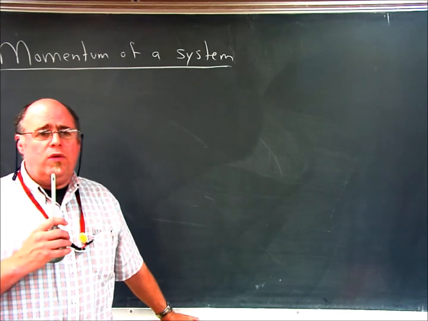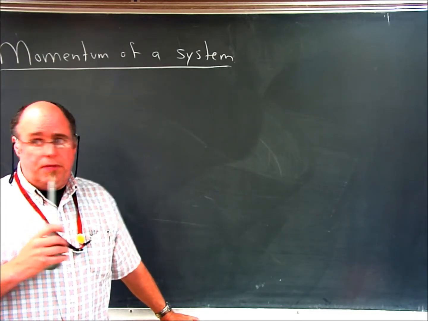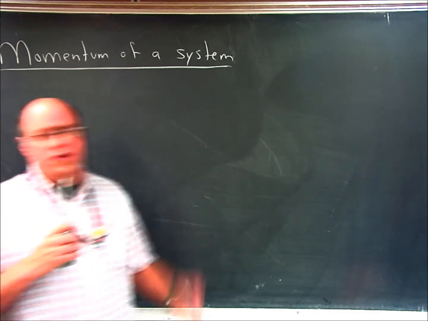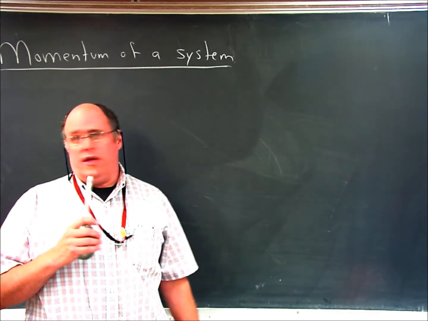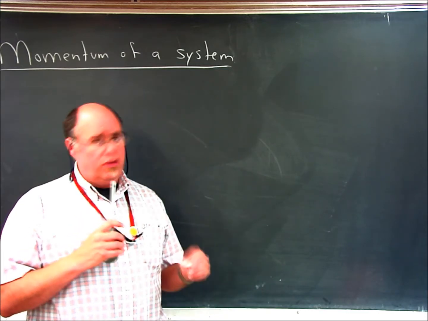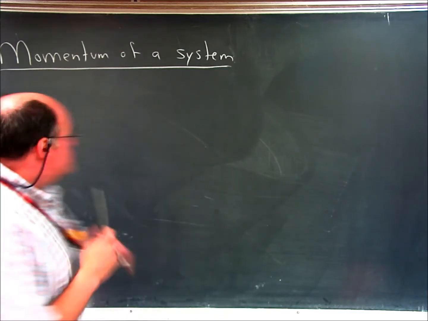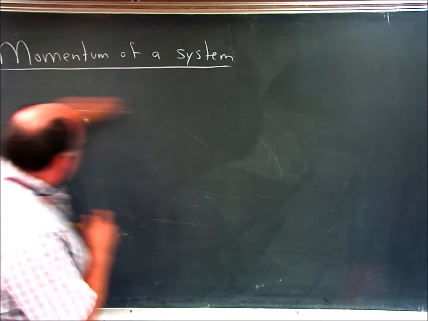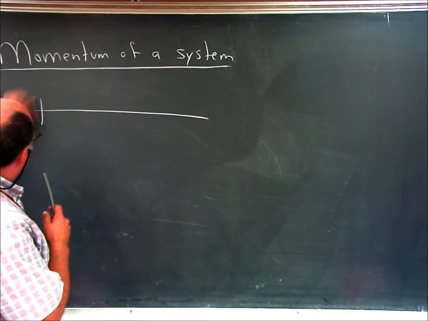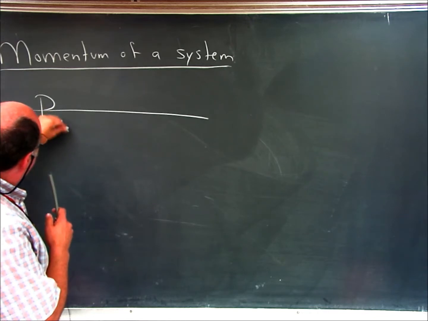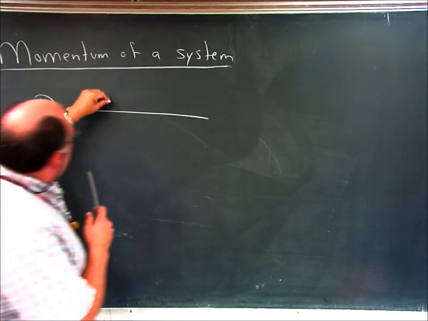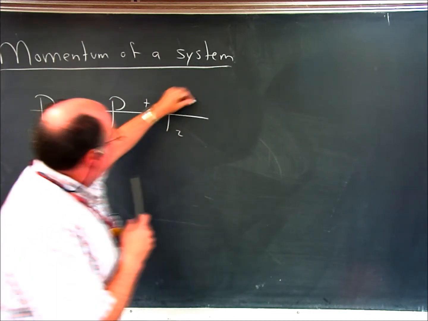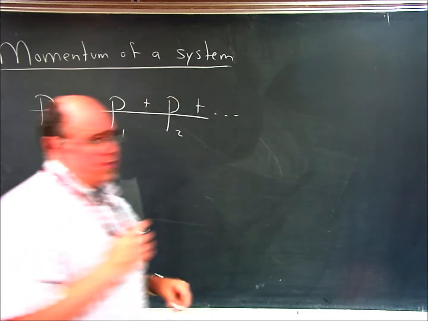Typically, we don't want to know the momentum of one individual piece. Typically, we are trying to figure out the momentum of all of the pieces combined that are moving simultaneously. So we look for the momentum of the system. The momentum of the system would be written this way. We would talk about P, the total momentum, which would be the momentum of the first piece, plus the momentum of the second piece, plus however many pieces we would have.